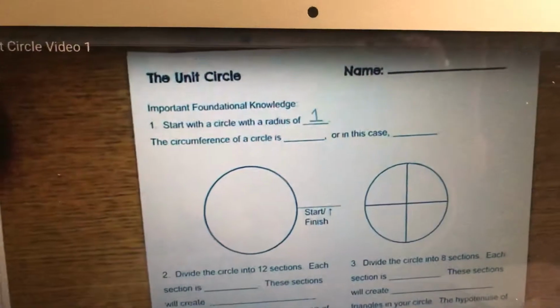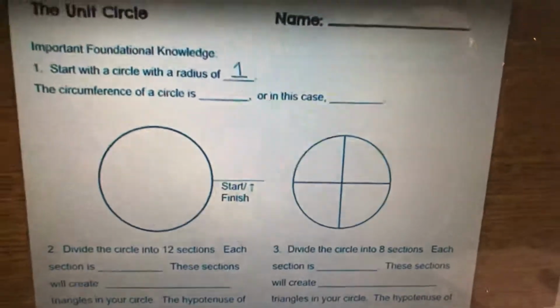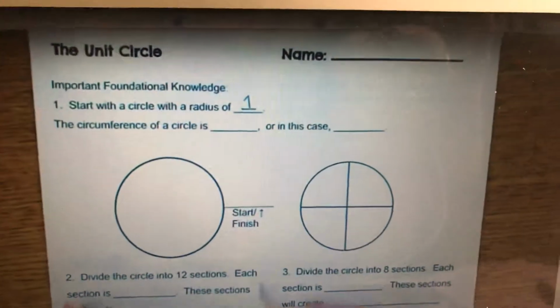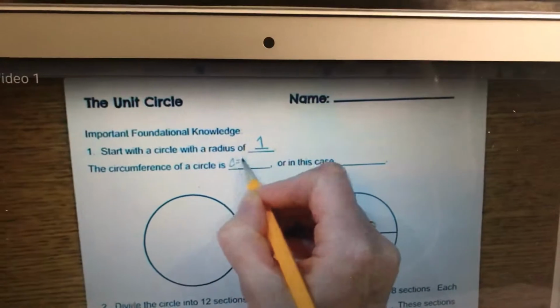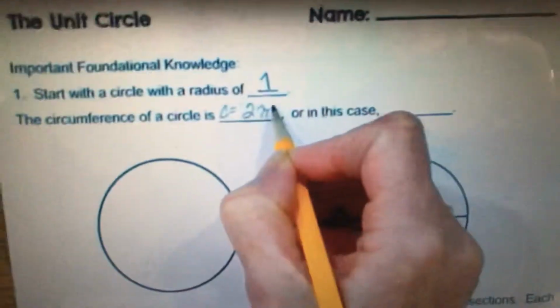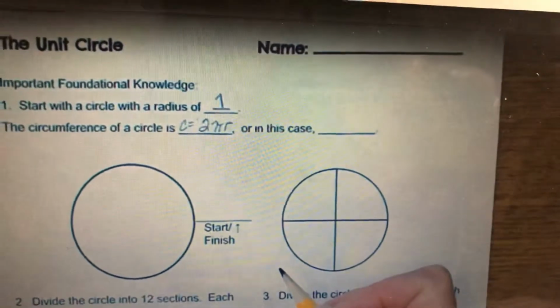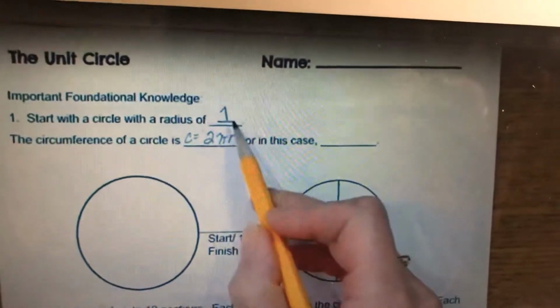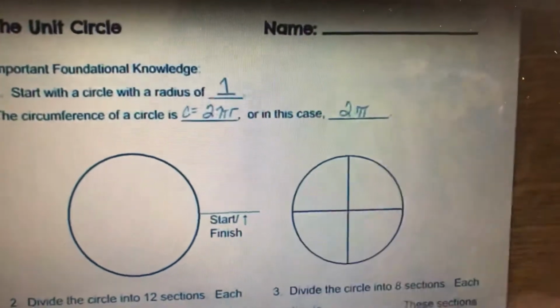The formula for the circumference of a circle is 2 pi r. If you're going all the way around the circle, the measurement is 2 times pi times r. In this case, since our radius is 1, it's 2 times pi times the radius, which is 2 pi.